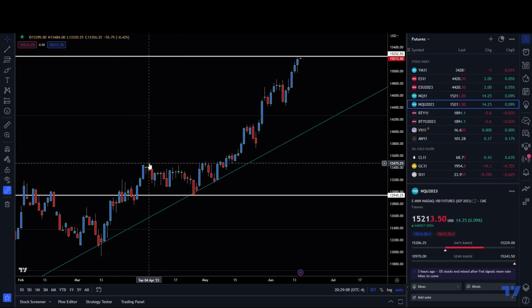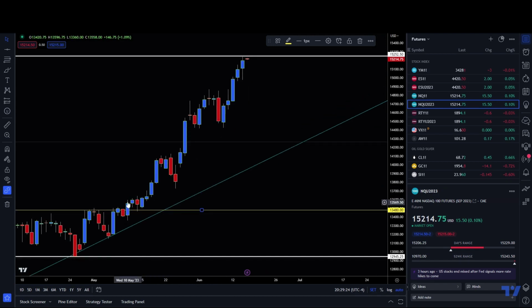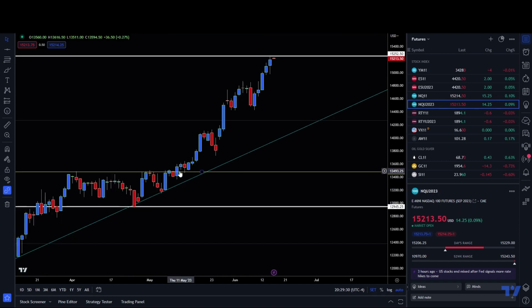So here's resistance, right? This level here, 13,475. You see how when the market broke above that level, what did it do? It came back, right? Give me a line here. Boom. Market breaks above and it comes right back down, rejects resistance, which actually creates support.